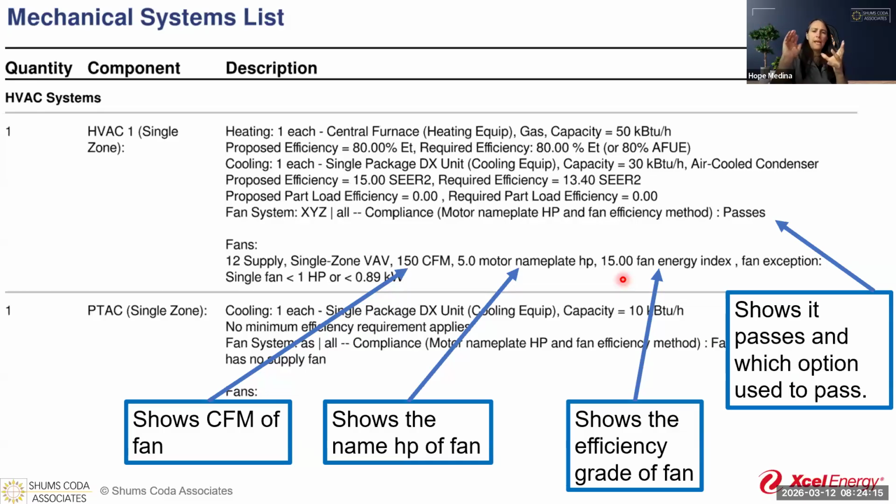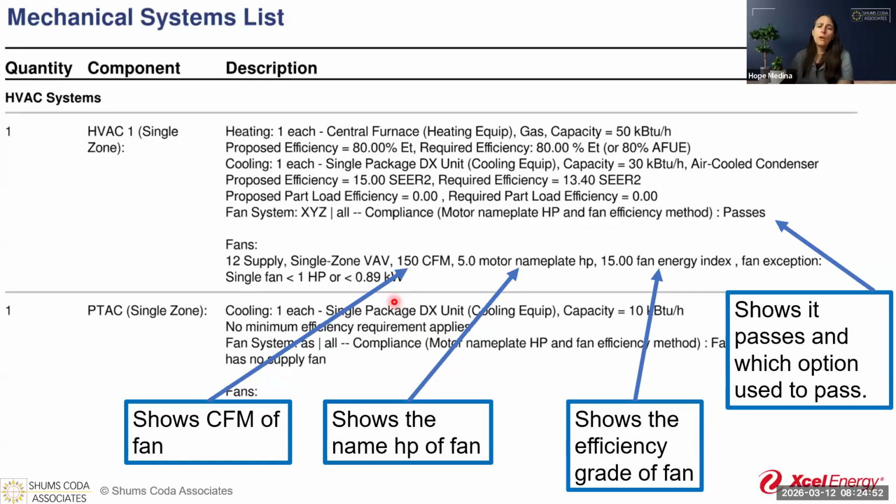And if it happens to be a VAV, I believe the VAV is 95% or 0.95 efficiency for it. So this obviously well exceeds it. Now, it does call out here a fan exception: a single fan that happens to be less than 1 horsepower or less than 0.89 kilowatts could be utilized in this system. So that is an exception. That's an example of the fans.